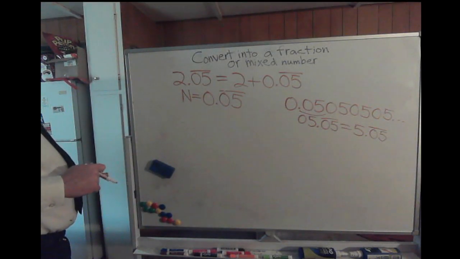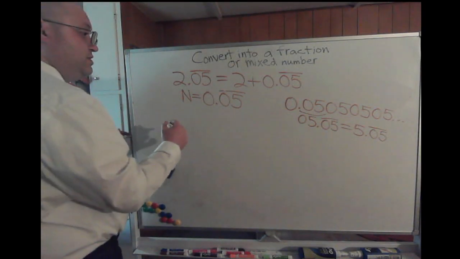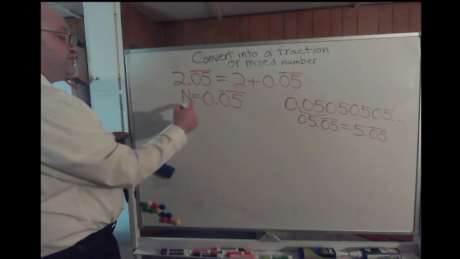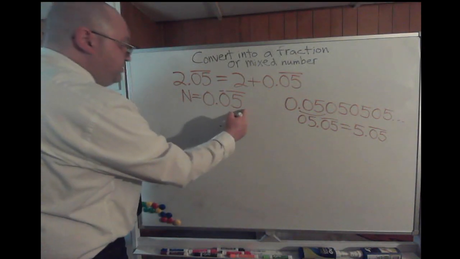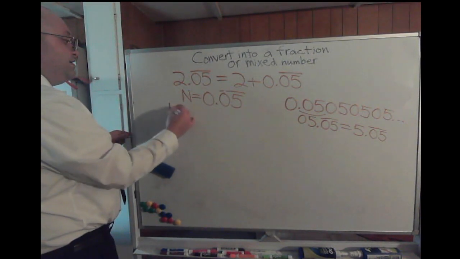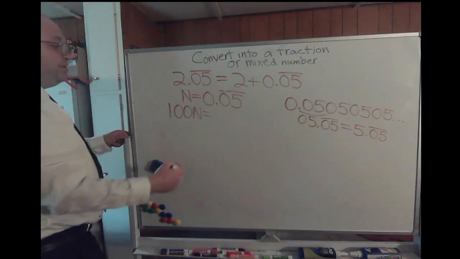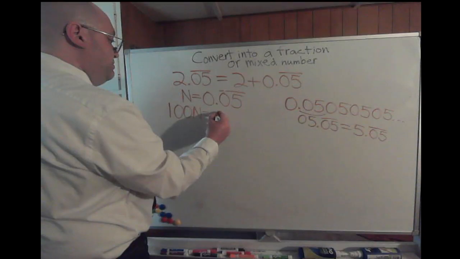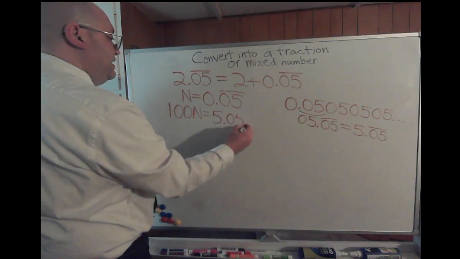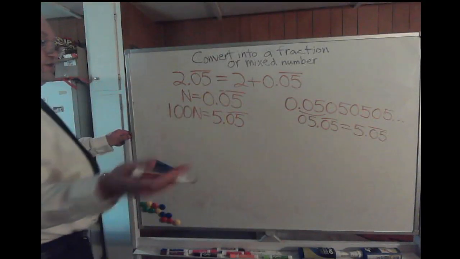Okay, so what you got here now, if you want to move the decimal 2 to the right, you got to multiply n by 100. That's how you move the decimal place 2 to the right, is multiply by 100. So 100n would equal 5.05 repeating. Alright, now you just do your subtraction.